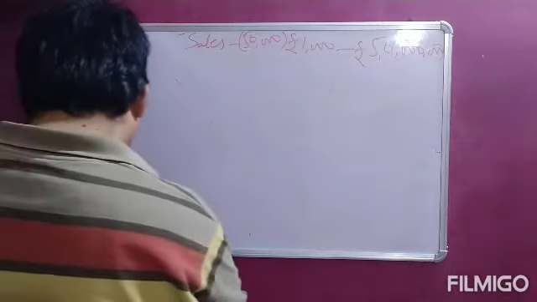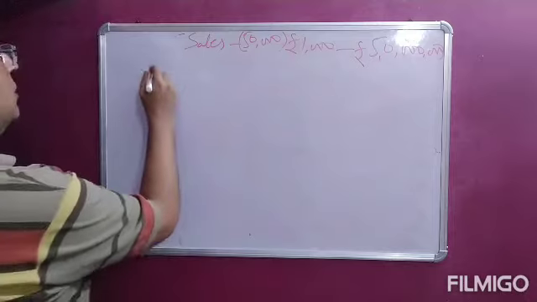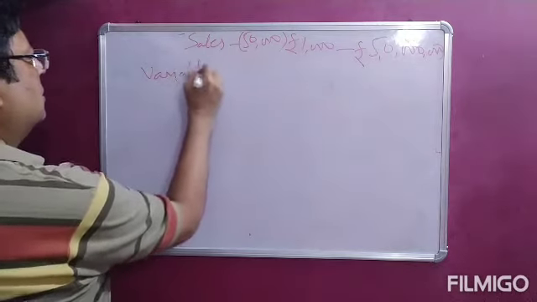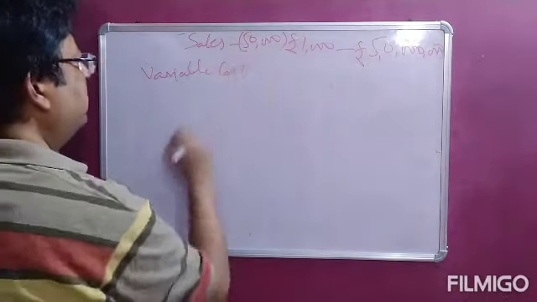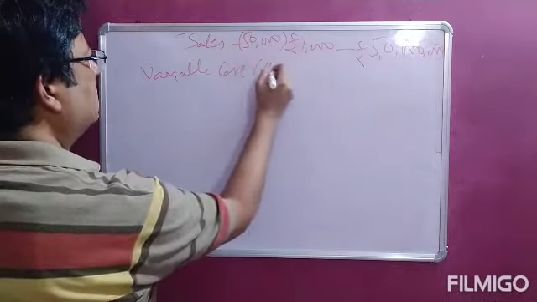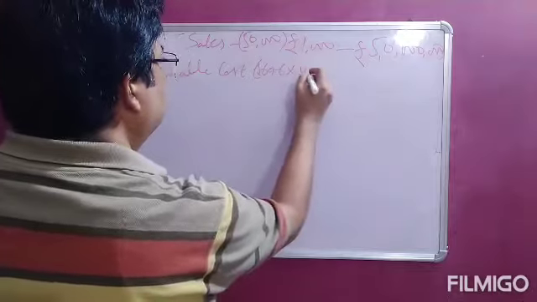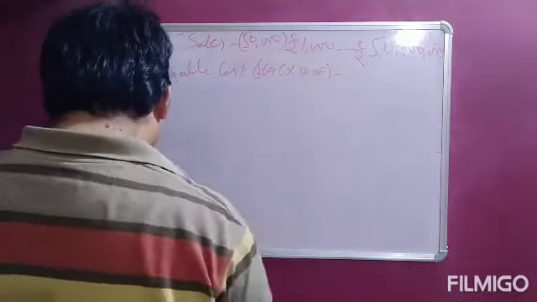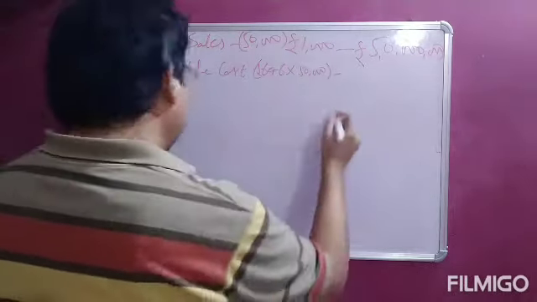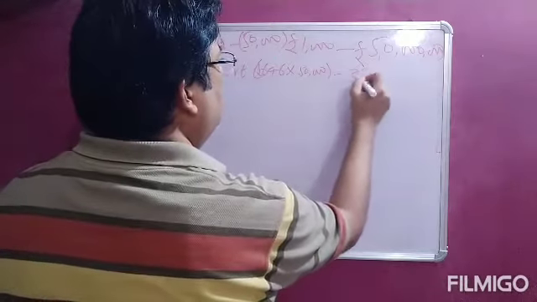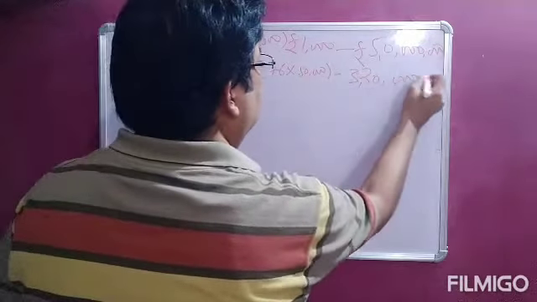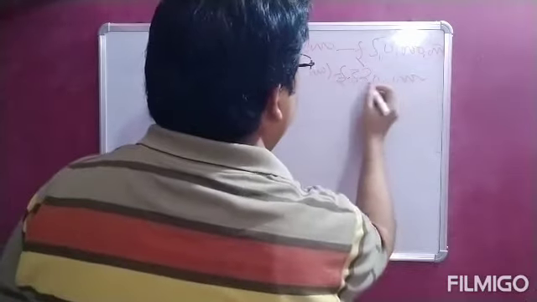Now from this, variable cost we calculated as 696 pounds multiplied by 50,000 units, which comes out to be 3 crores 20 lakhs pounds.